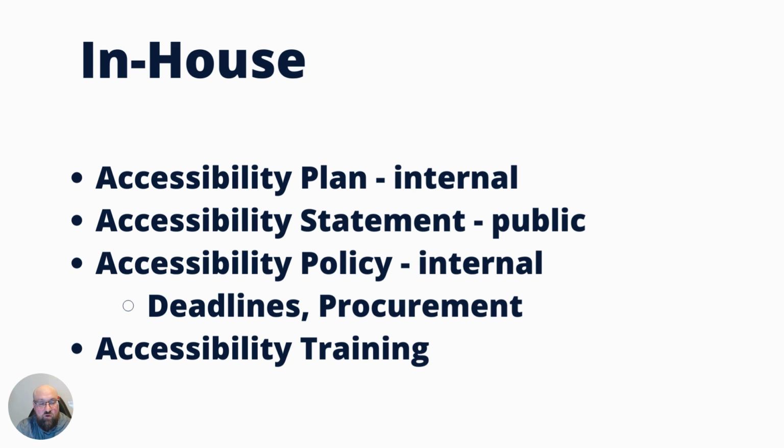And then you will also work on an accessibility policy. This is probably going to be an internal document, and it's going to include things like deadlines, who is responsible for what, and your procurement process, where you decide what your process is for vetting different products for accessibility. That's something else I would include in my accessibility policy.